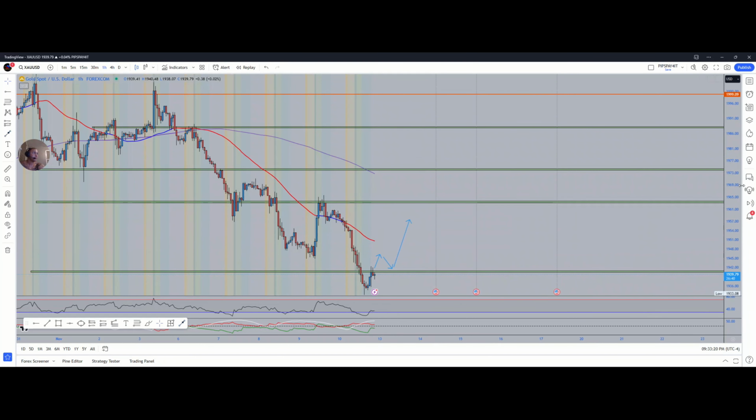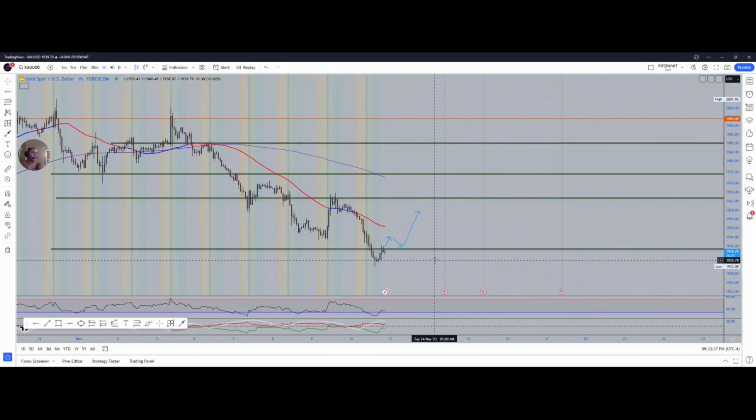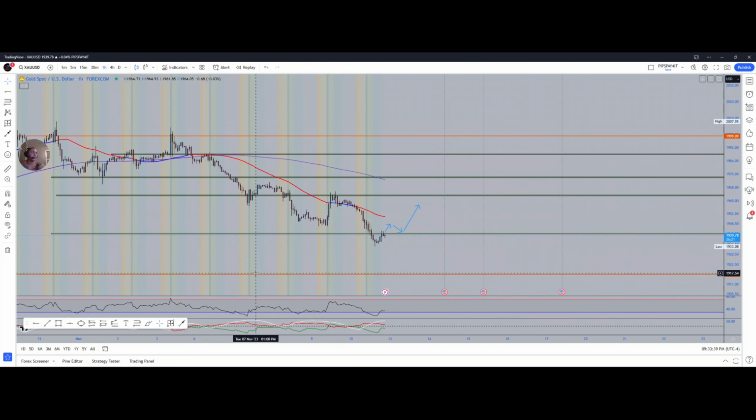When you count the pips, we're talking about around 100 pips, probably 150 pips. So that's a pretty interesting buy opportunity, right?